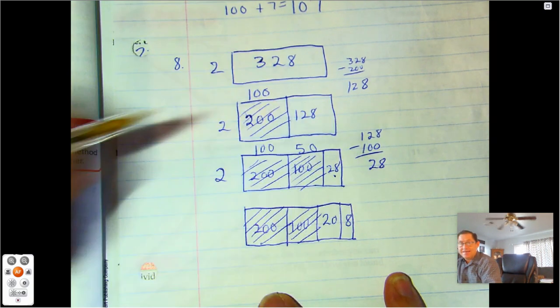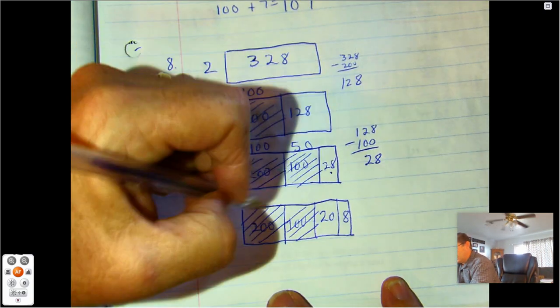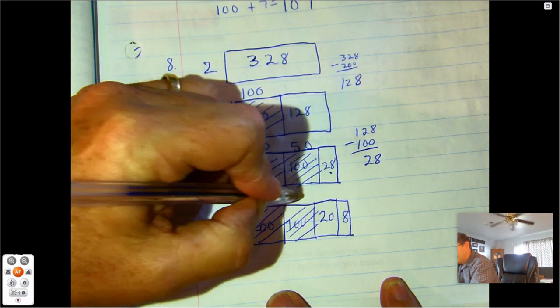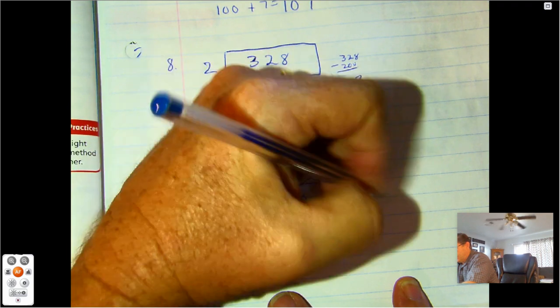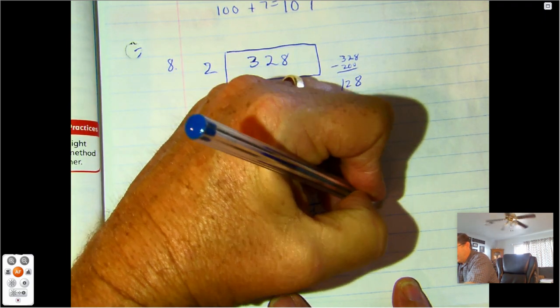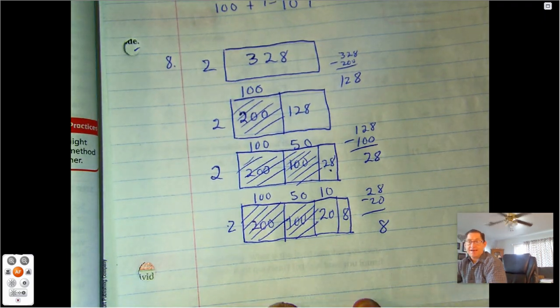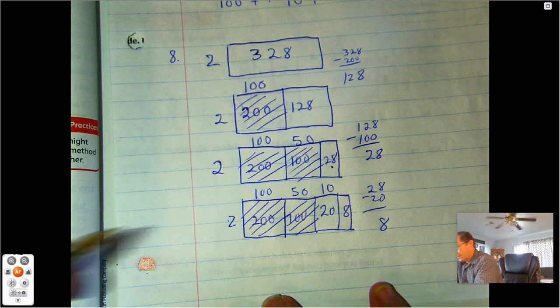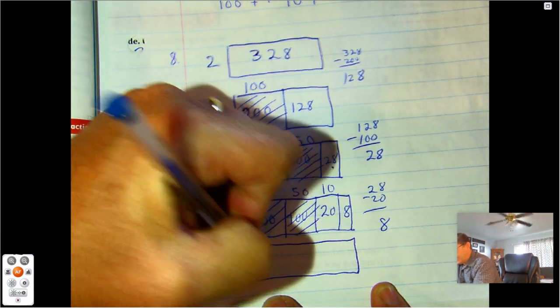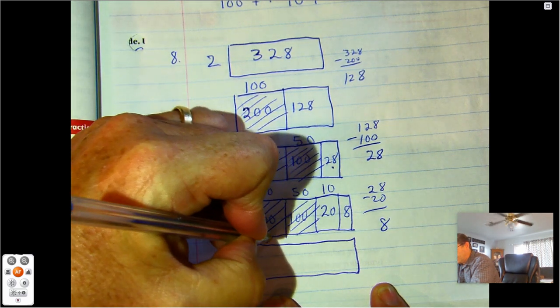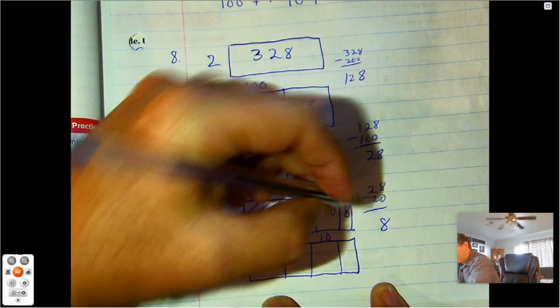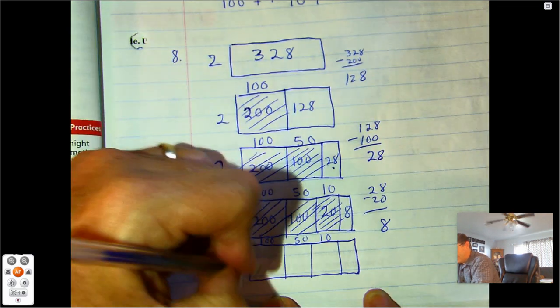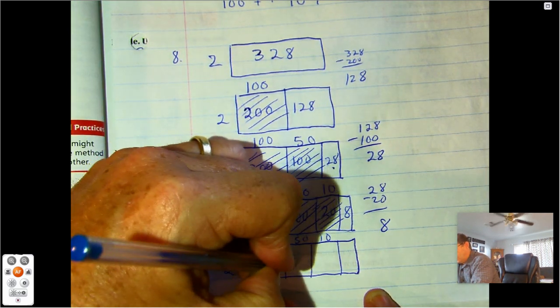Okay, so 2 times what? 2 times what is 20? 10. 10 times 2 is 20. And we have a remainder of 8 so far. Okay, and so we're going to finish one more time because 8 is bigger than the divisor 2. 200, 128.